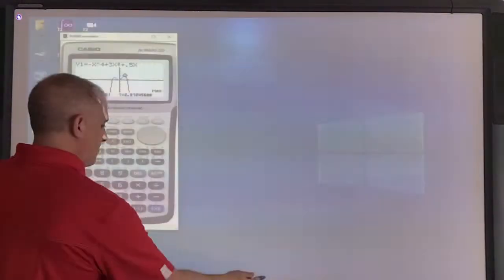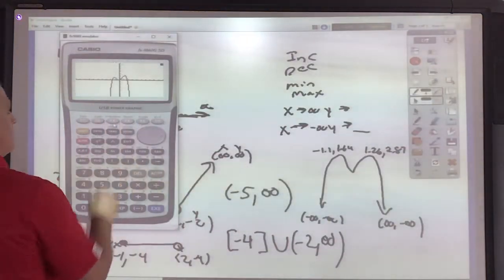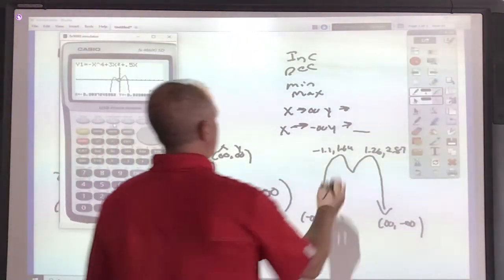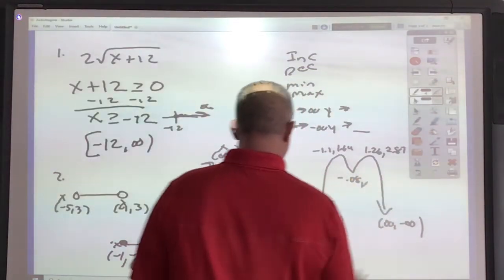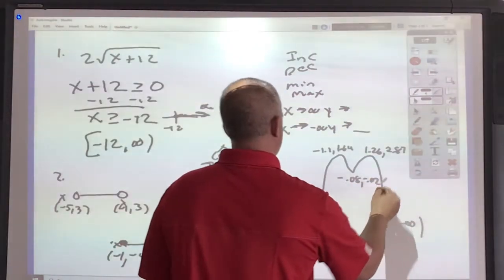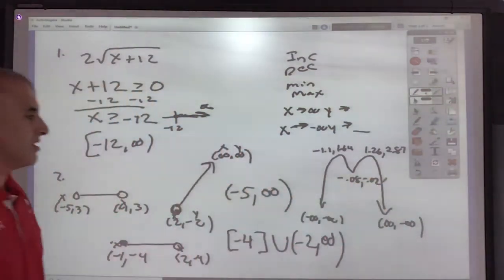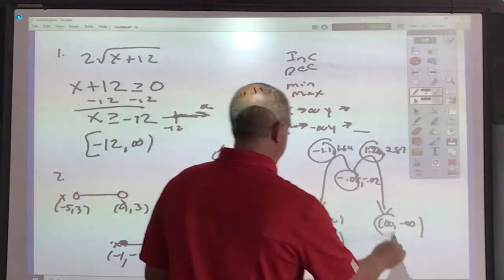and then G solve minimum, it's going to be 0.08, -0.08, -0.02. All right, so increasing, decreasing, remember, the only thing that matters are the x values.